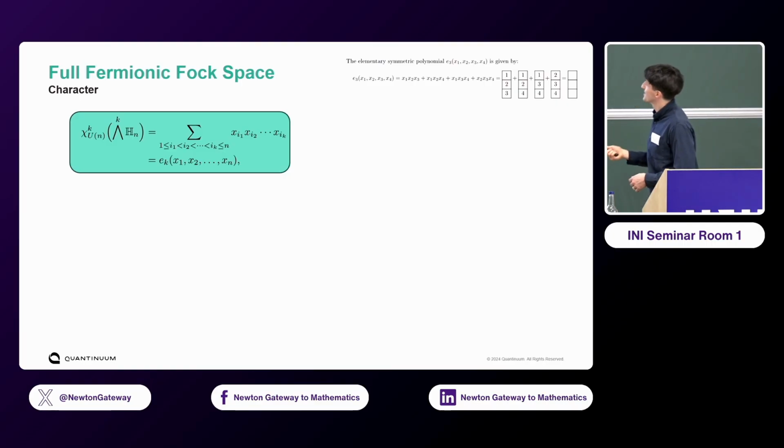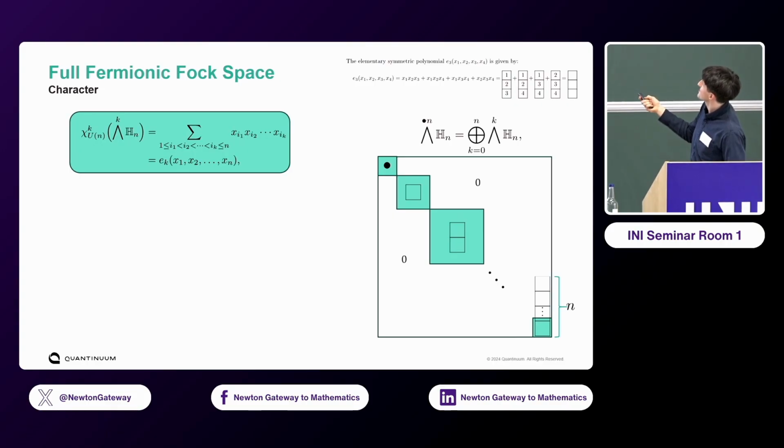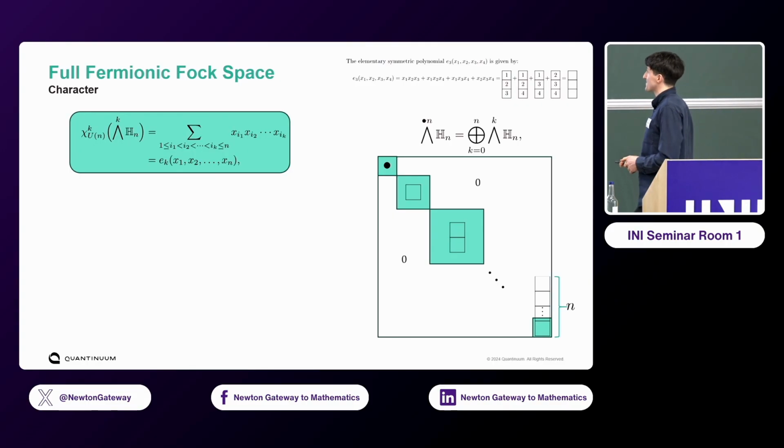The character of each one of these green subspaces is given by this e_k, which is just all possible ways of filling the vertical Young diagrams.